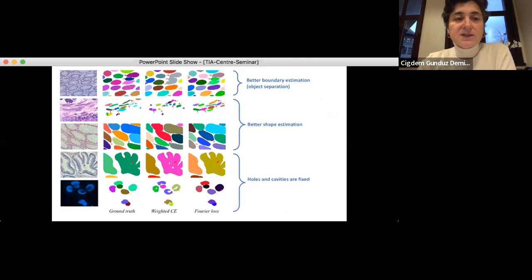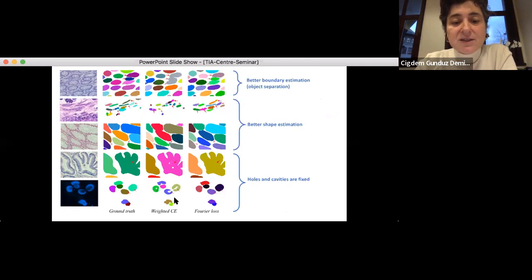So here are some visual results. We tested the algorithm for gland segmentation as well as for cell and nucleus segmentation in pathology slides and also in fluorescence images. That is the ground truth.